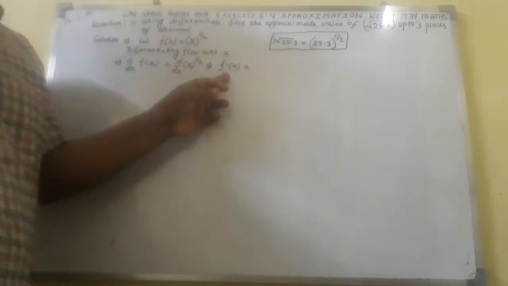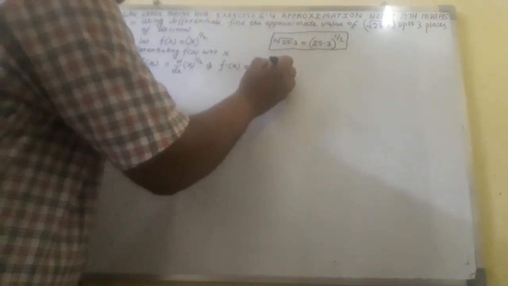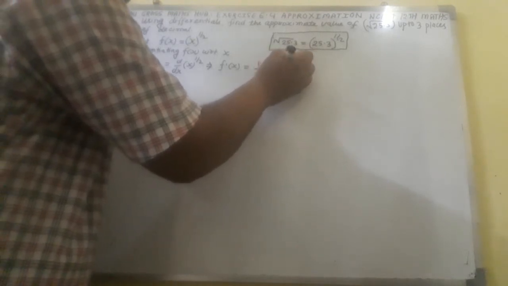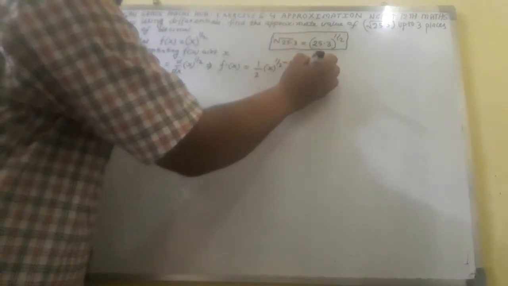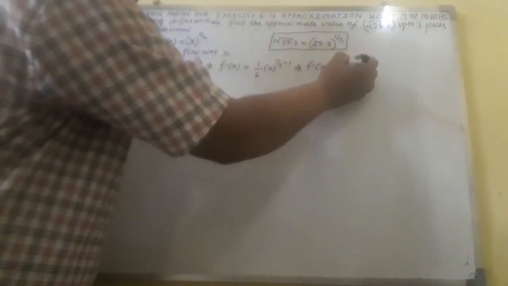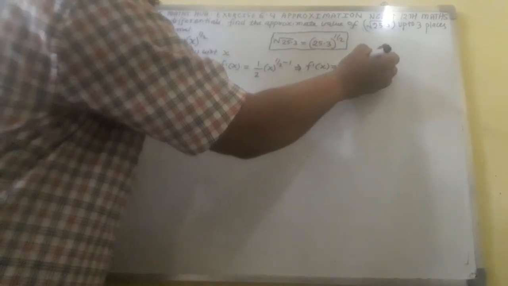Here f dash x is the first order derivative of f of x, and d over dx of x raised to the power 1 over 2 comes out to be 1 over 2 in bracket x raised to the power 1 over 2 minus 1. So here we will get f dash of x equal to 1 over 2 in bracket x raised to the power minus 1 over 2.